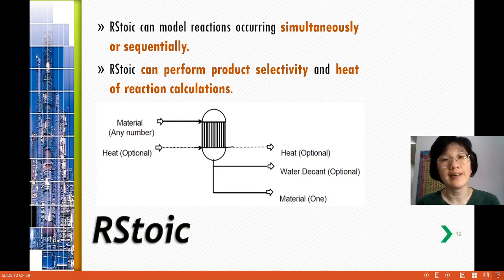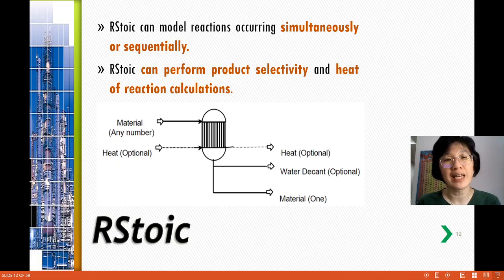For R-Stoich, this is our focus. It can be used to solve a reactor with simultaneous and sequential reactions, meaning parallel reactions and also reactions in series. R-Stoich can handle complex reactions, and it can be used to perform product selectivity and also heat of reaction calculations.